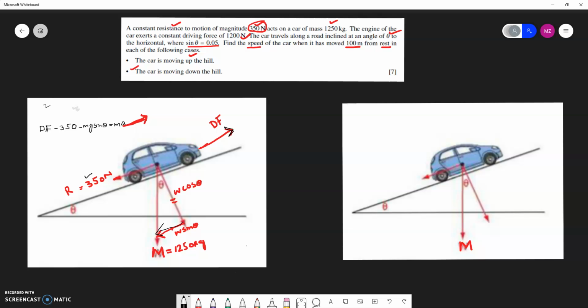Now we need to put in the values to find the required variable.